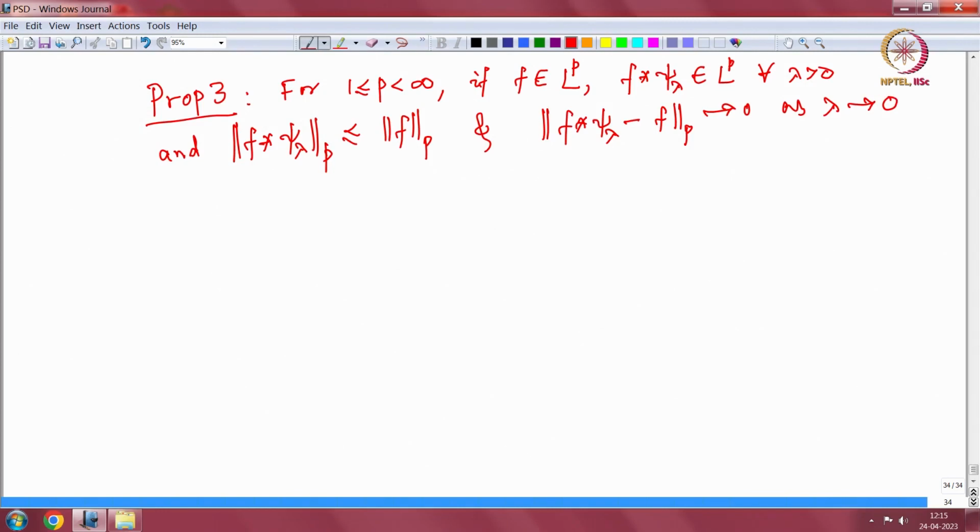The proof is exactly the same as we did in the mollifier case. The only thing here is the psi lambdas do not have compact support, but they are non-negative and the integral is 1. That is all essentially used.